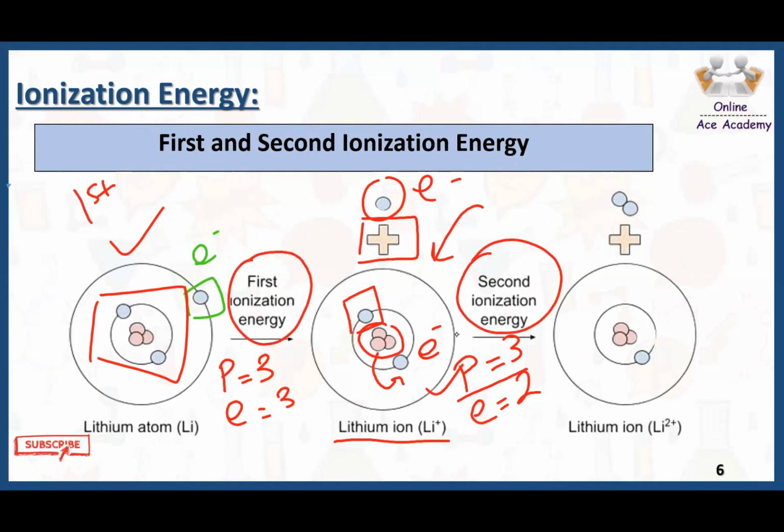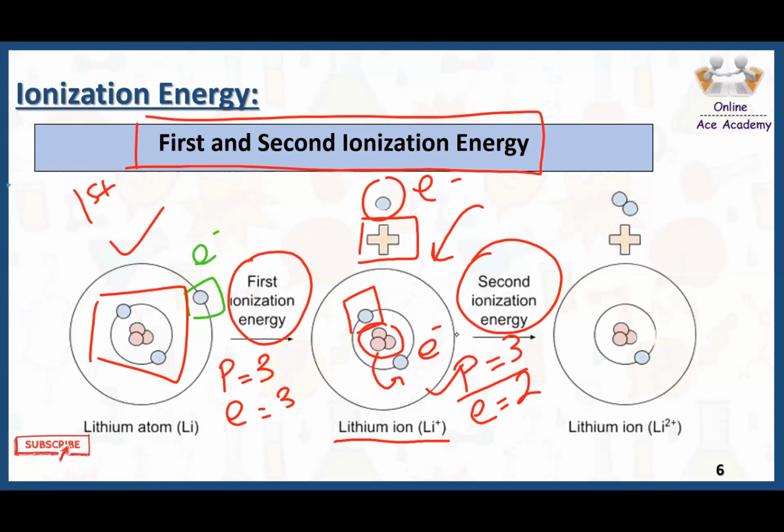If we consider any other atom like magnesium, sodium, bromine, any other atom will have the same scenario: the number of protons for the unipositive atom will be greater, due to which the nucleus hold will be greater, and as a result, the second ionization energy is always greater than the first ionization energy.